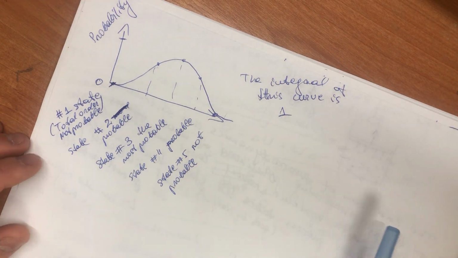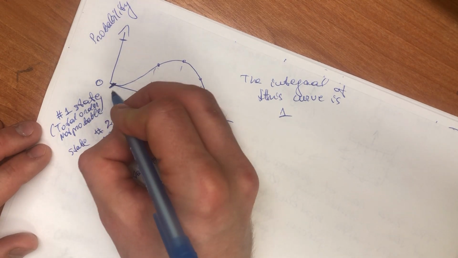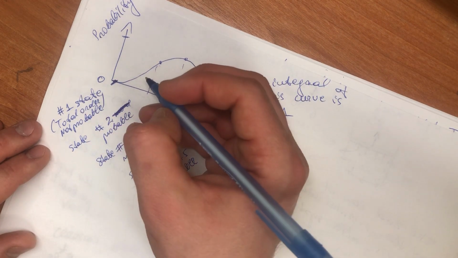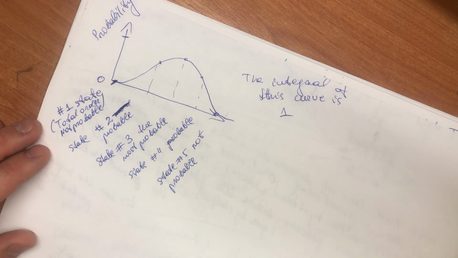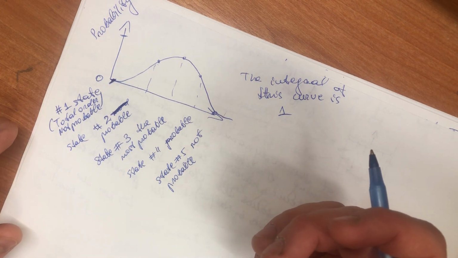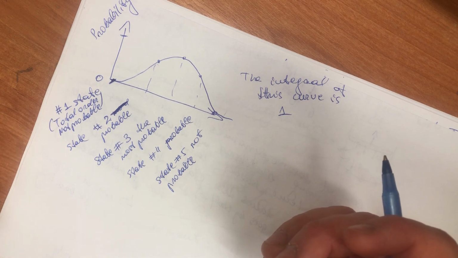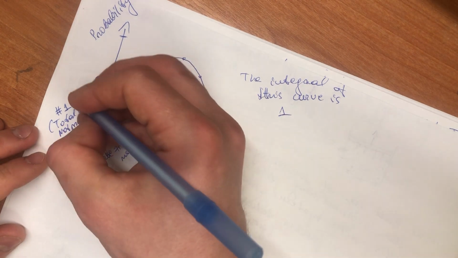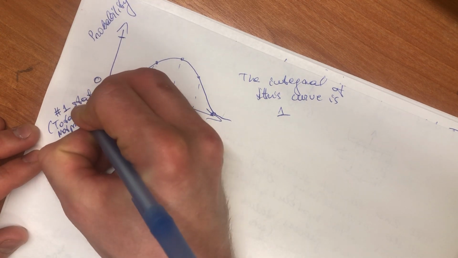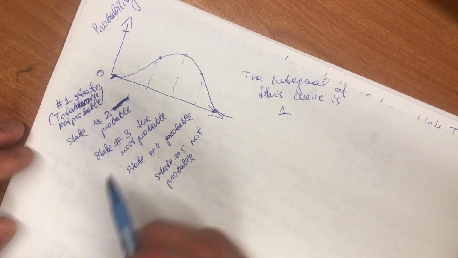So what happens here? We see we have state number 1, total order, and this would be total disorder.